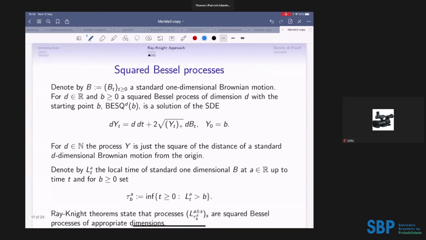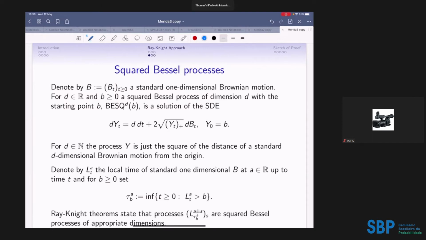That is to say, we would expect this to be like a Bessel squared process, and we'll see that this is indeed the case. So this is the equation for a Bessel squared process. This is the formal equation where your sigma is 2. This is the equation for a squared Bessel process of dimension d, which doesn't have to be an integer for this to be a well-defined process.